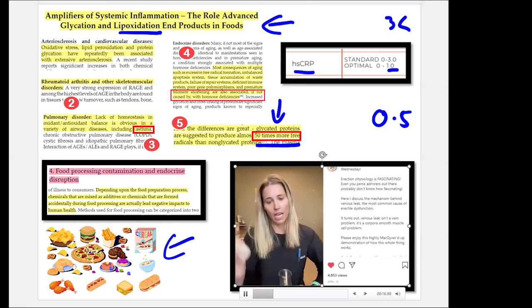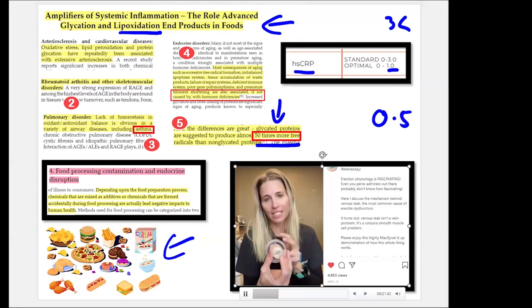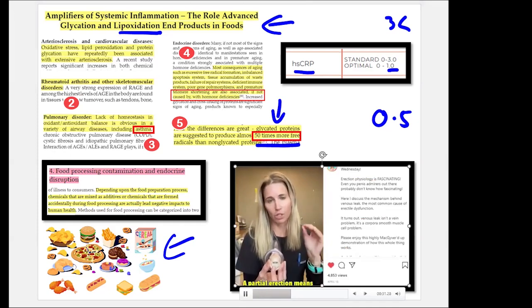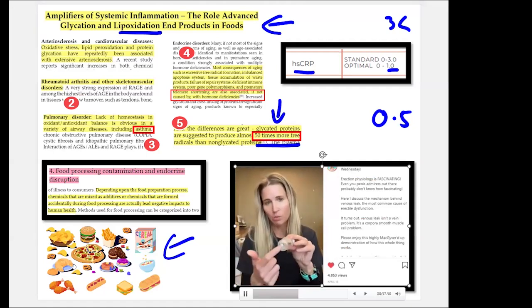And so when that happens, you've got your tunica, but those veins are staying open. So the blood comes in, but the blood then goes right back out of these open veins because you haven't expanded fully and you don't have a full erection. Does that make sense? So this is called venous leak, CVOD, but it's not a vein problem. It's actually a problem with the cells inside the corpora cavernosa. These cells, these smooth muscle cells, are the problem.